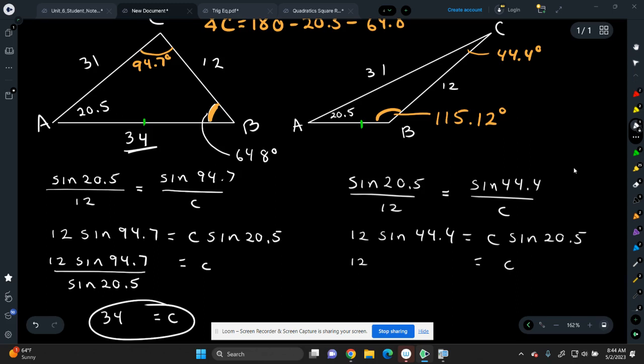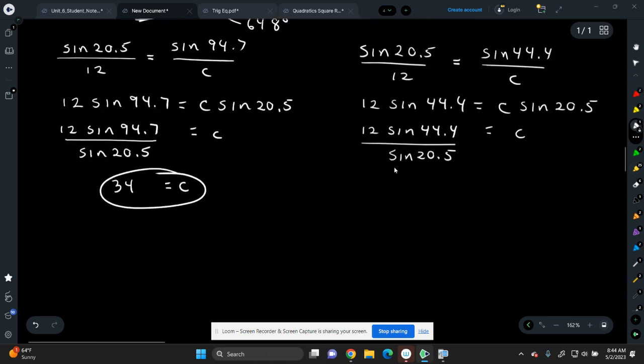So we have 12 sine 44.4 over sine 20.5. So we have to do that calculation.